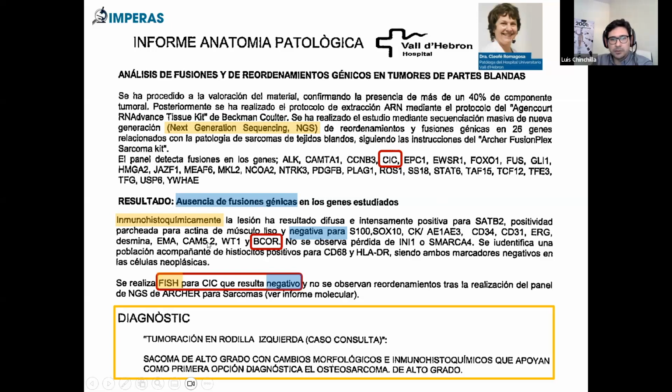The immunohistochemistry for BCOR was also negative, and FISH for SIG was also negative. So we were talking about this case, and we agreed that this is probably a high-grade tumor, and in this site and in this clinical context, this is probably a high-grade osteosarcoma, right?